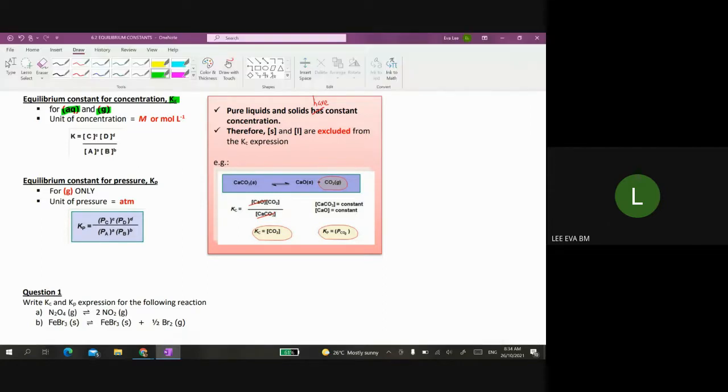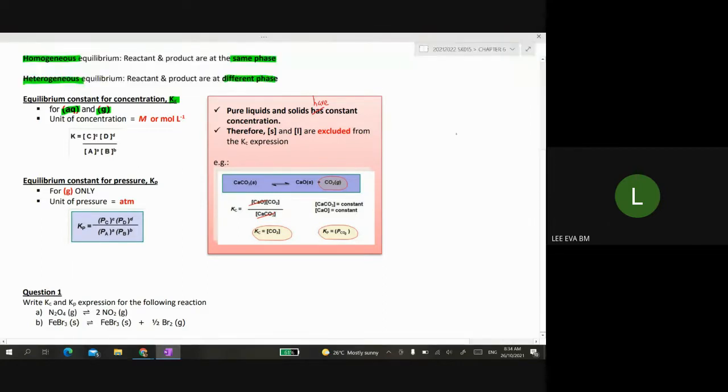Aqueous, how do we know it is aqueous? For example, NaCl solution, it is aqueous. For example, potassium nitrate, it is an aqueous solution. Okay, so all the salts that are soluble, we will normally put as aqueous. What is liquid?